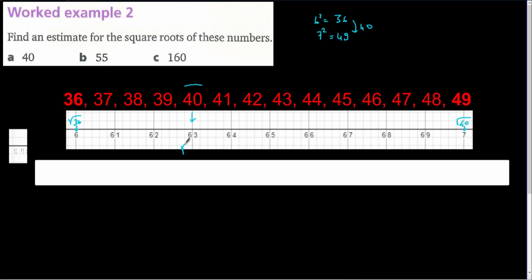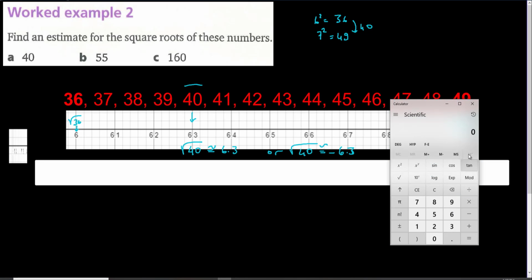So root of 40, I can say, is approximately 6.3, or the negative one also, minus 6.3. Also, if I try to control this by using the calculator, the square root of 40, as you see, is going to be 6.32.